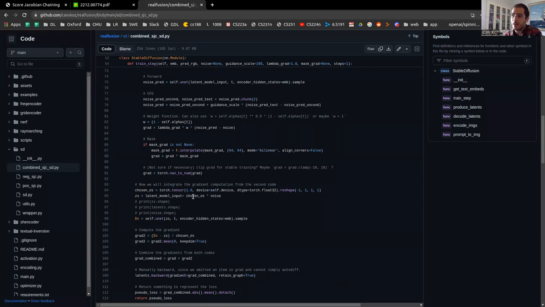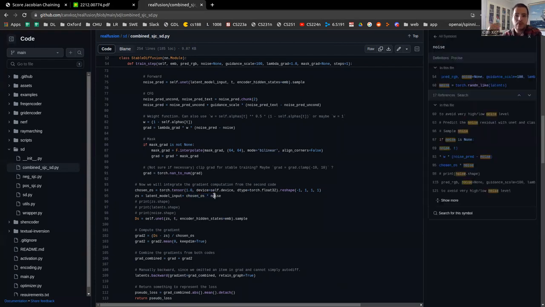Following this, a noisy version of the latent model input variable is created, similar to the creation of ZS in the second code.